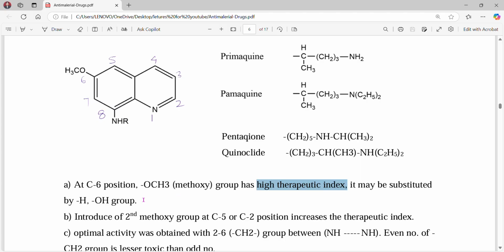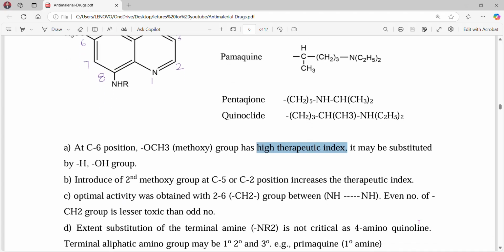It may be substituted with hydrogen and hydroxyl functional groups. Again, if we introduce a methoxy functional group at 2nd position, it will also increase the therapeutic index with respect to the antimalarial derivatives. Then introduction of a 2nd methoxy group gives a high therapeutic index.